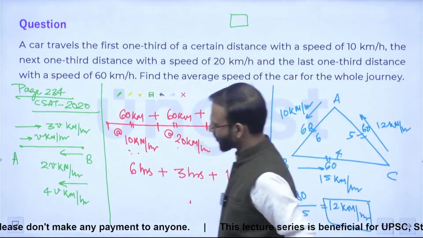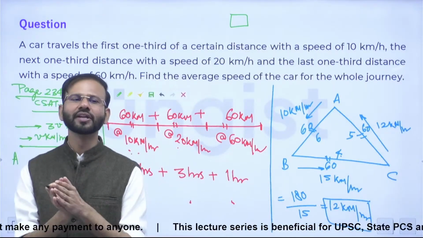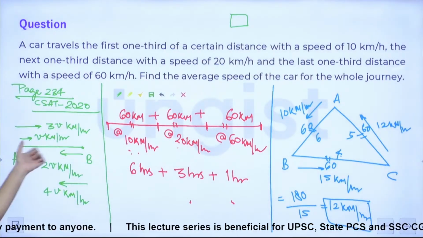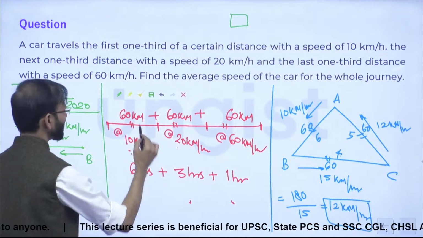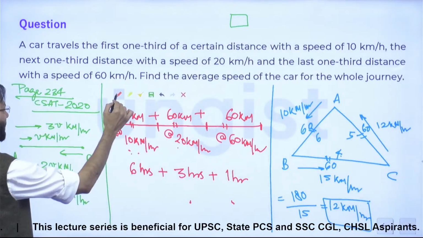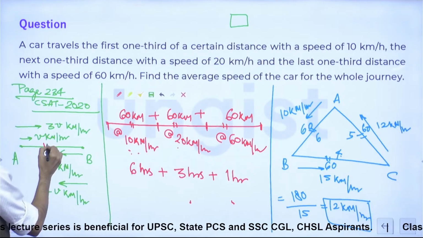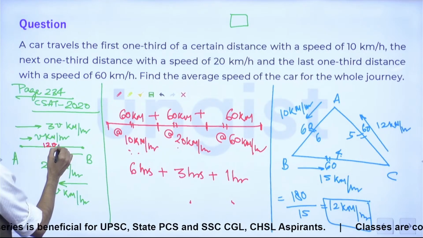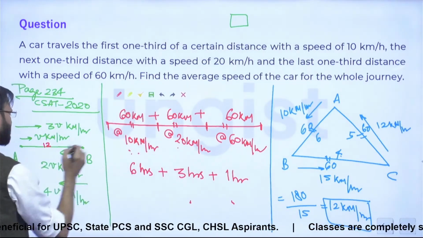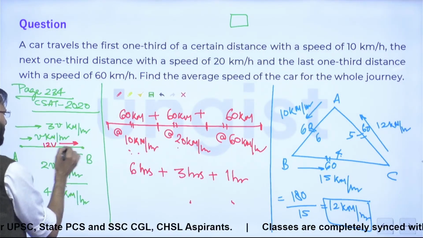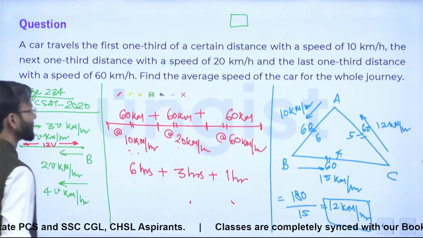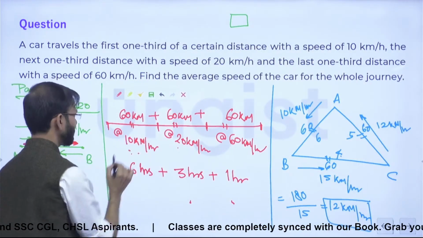Now everybody, what is the distance shall we assume between A and B? What is the distance we should assume between A and B? The distance between A and B should be assumed as 12V, guys. Right?